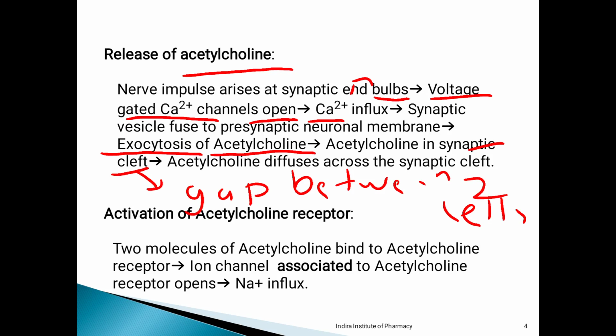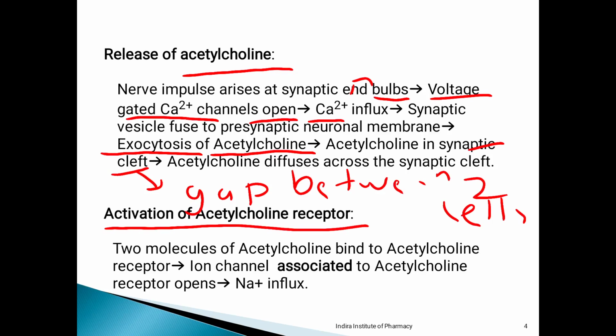Then acetylcholine will diffuse from the synaptic end bulbs. They are now released into the synaptic cleft. So that acetylcholine molecule, the small structures, will diffuse across the synaptic cleft, and in the next step they will bind. The next step is what?